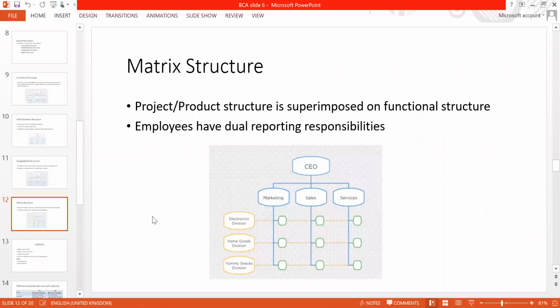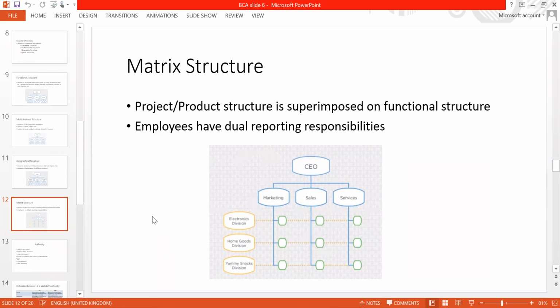So they come from above, downwards. This is the NEA staff, marketing staff, sales staff, service staff, and these staff will work for this electronic division. The organization's marketing, sales, services, they will be delegated or deputed to work for this electronic.